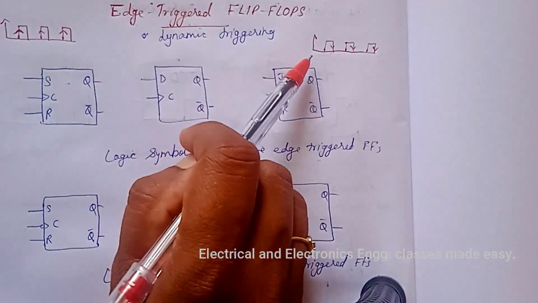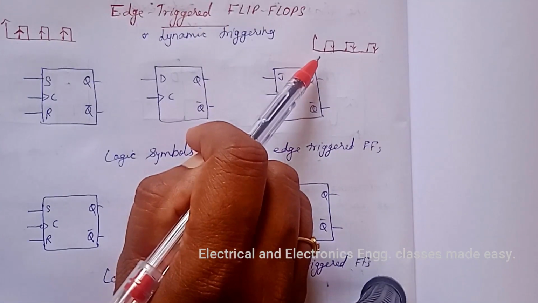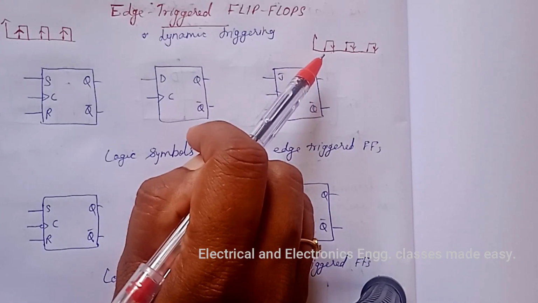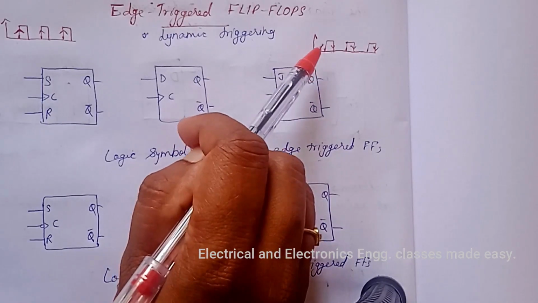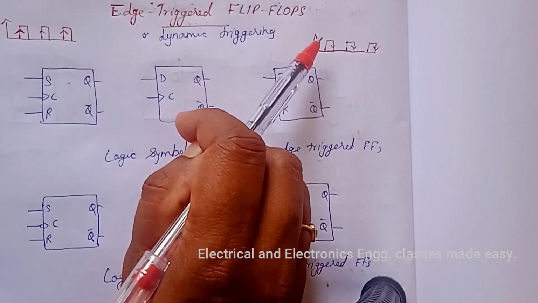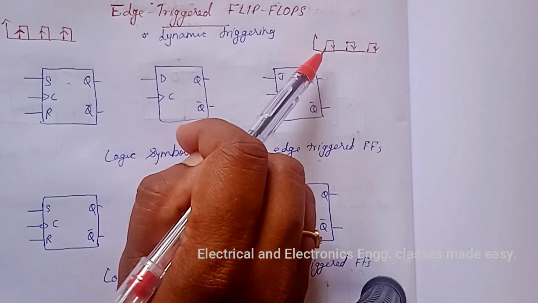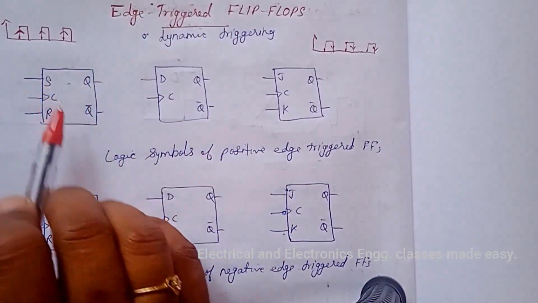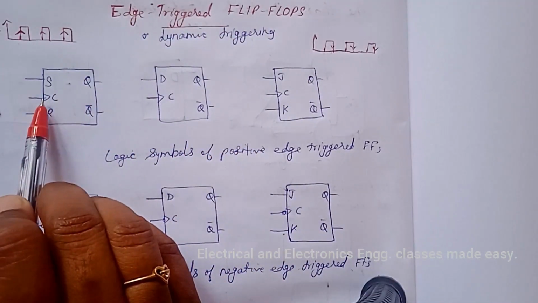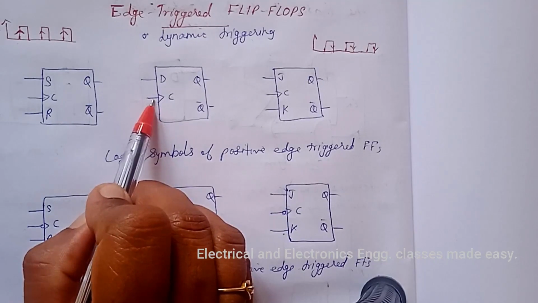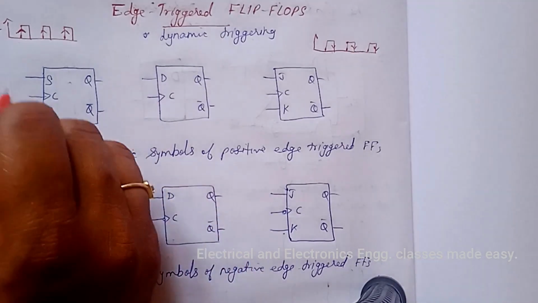In the negative edge triggered flip flops, the state transition takes place only at the negative going, that is 1 to 0 edge of the clock signal. And positive edge triggering is indicated by a triangle at the clock terminal.